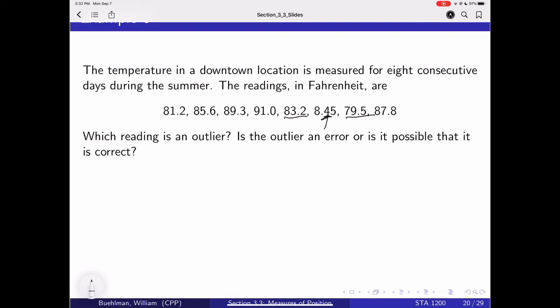So we're going to say that 8.45 is an outlier, because it has an extreme value when compared to the rest of the data set. Now, is it possible that 8.45 is actually a legitimate temperature in the summer? No, it's not. That is below freezing, an error.